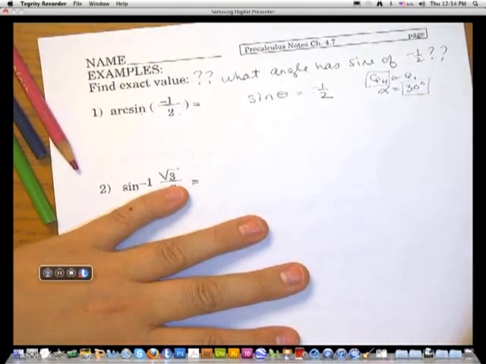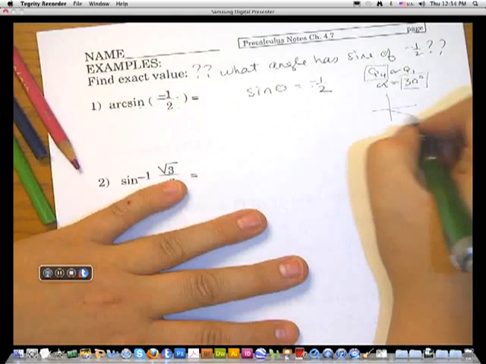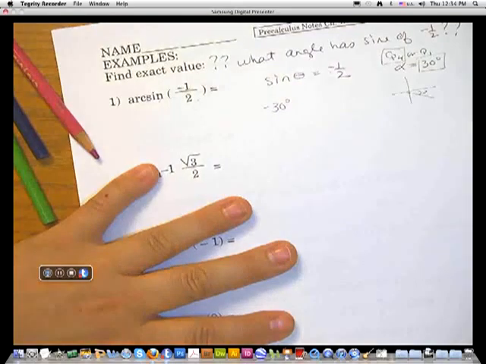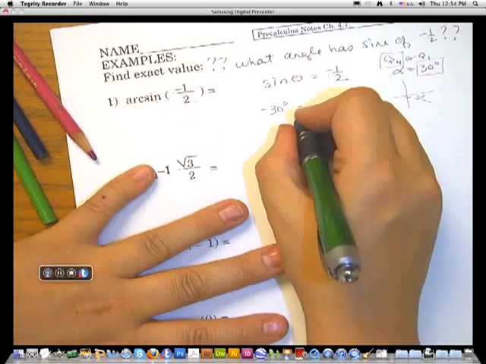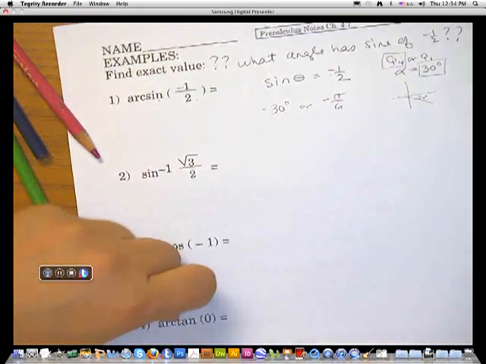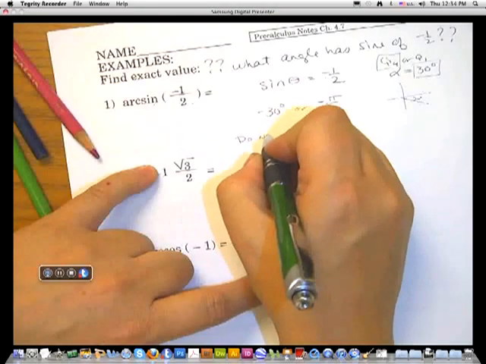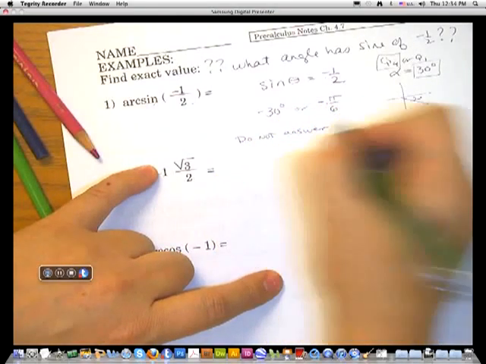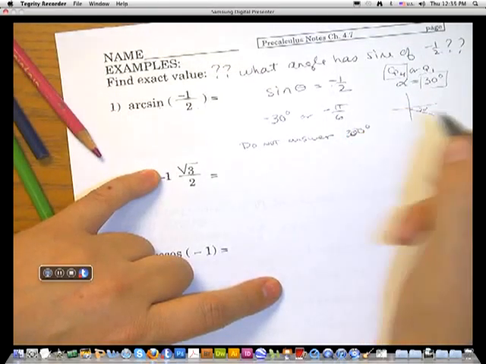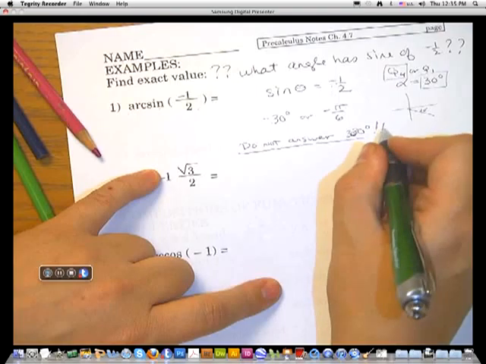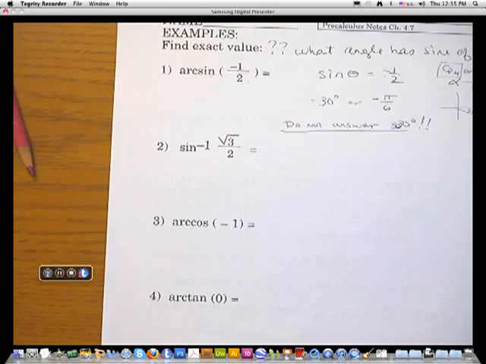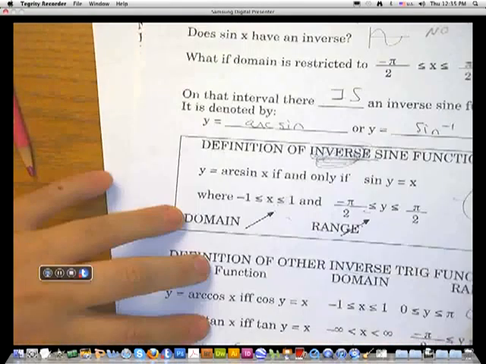And if I'm in quadrant 4 at 30 degrees, that's negative 30 degrees, or negative pi over 6. I do not answer 330 degrees, because of the rule that we just said on the first page.